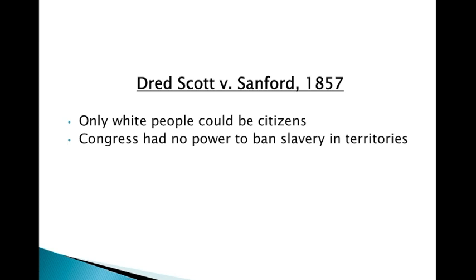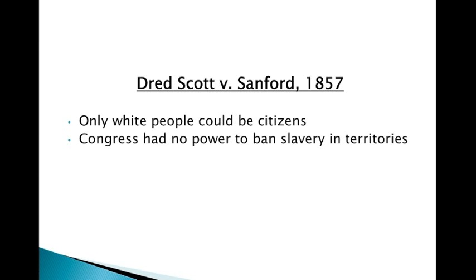The courts did not decide in Dred Scott's favor. In fact, the court declared that only white persons could be citizens of the United States, and it declared that Congress had no power under the Constitution to bar slavery from a territory. In their view, the Missouri Compromise had been unconstitutional.